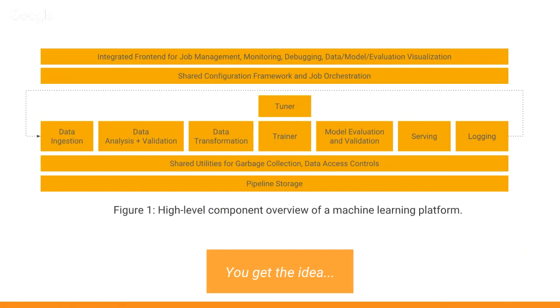Then you can just spend your time focusing on what features you want to extract and what kind of model you want to train, and it takes care of the rest. So our goal is to open source all these different pieces on top of a system like Beam, so that it makes it easy for other people to do machine learning.